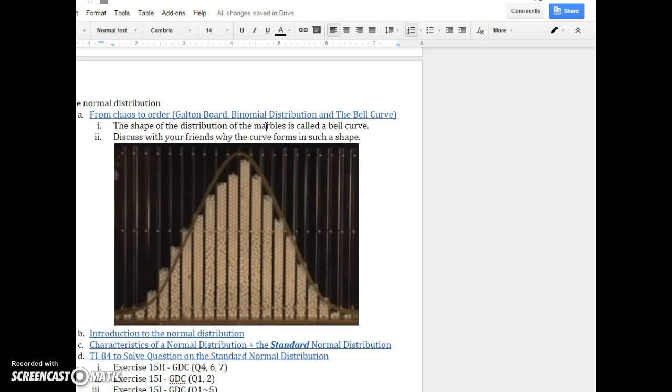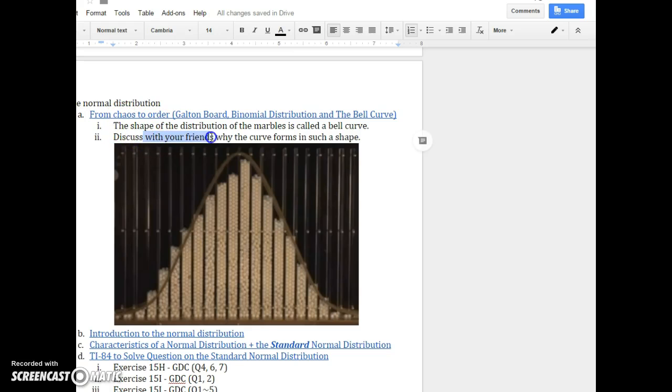If you haven't thought about it, how is the binomial distribution involved in this Galton board setup? The bell curve is just this red curve that we see here. We call that shape a bell curve.